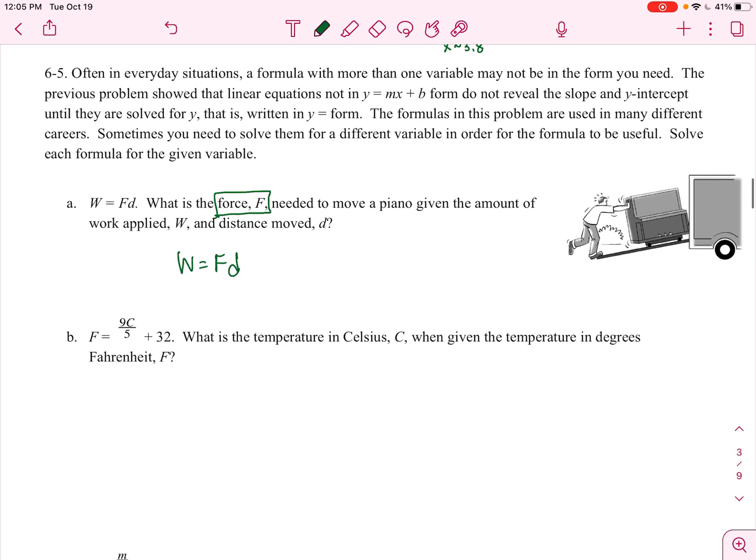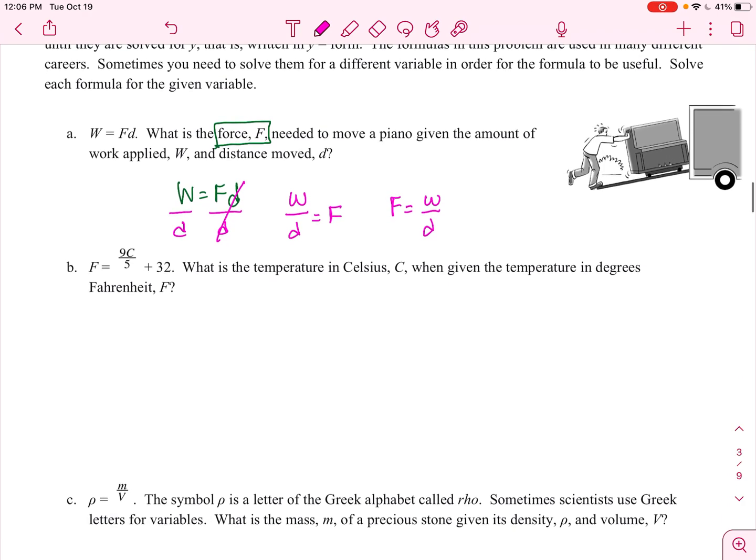Okay, so we can solve for force. Force is being multiplied by distance, so I can divide both sides by distance. So we get work over distance equals the force. And so now I solved this for F in terms of W and D.